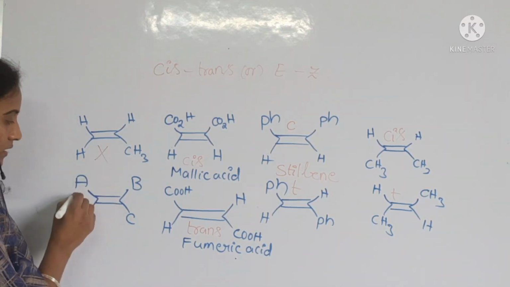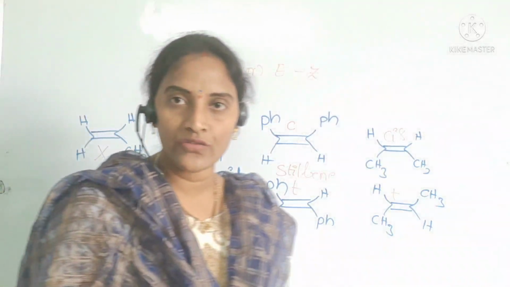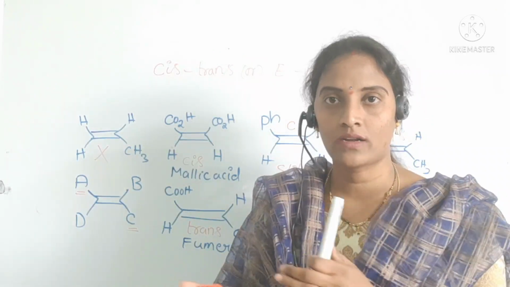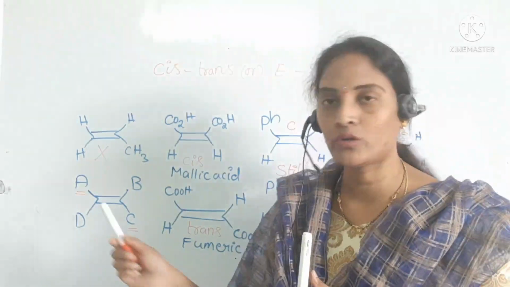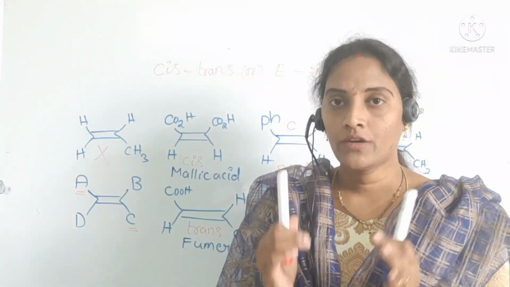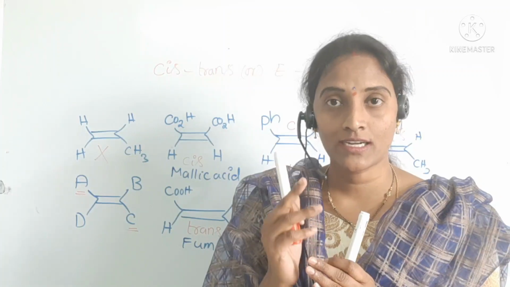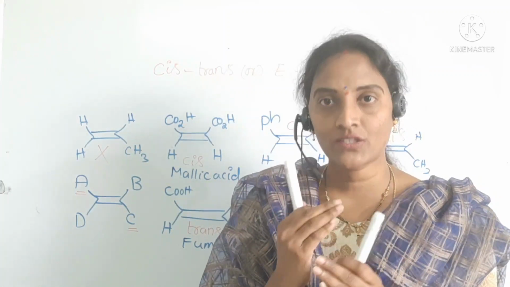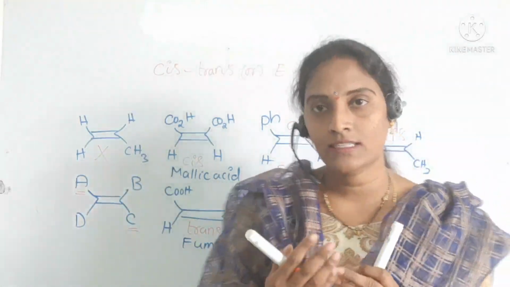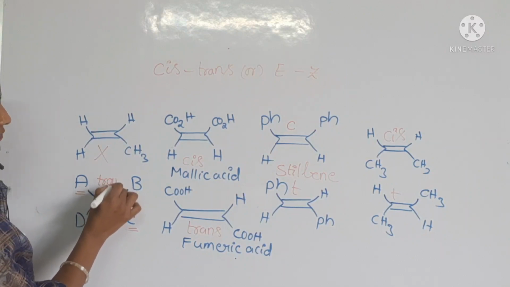For this type of molecule, you can take reference groups or reference atoms. Then only can you tell cis isomer or trans isomer. Here I am going to take A and C as the reference groups. If the reference groups are opposite to each other, that is the trans one. If the reference groups are on the same side of the double bond, that is the cis isomer. So here it is the trans isomer.